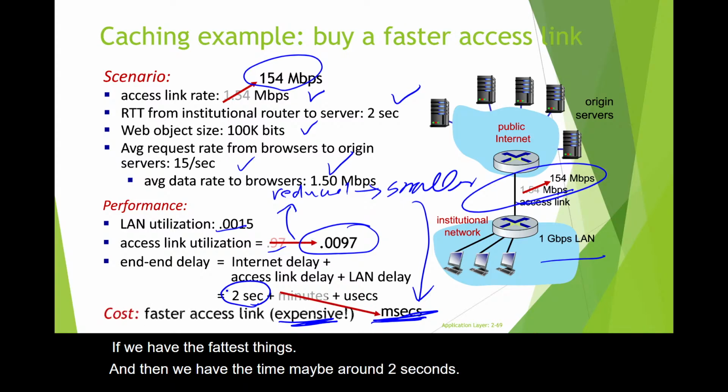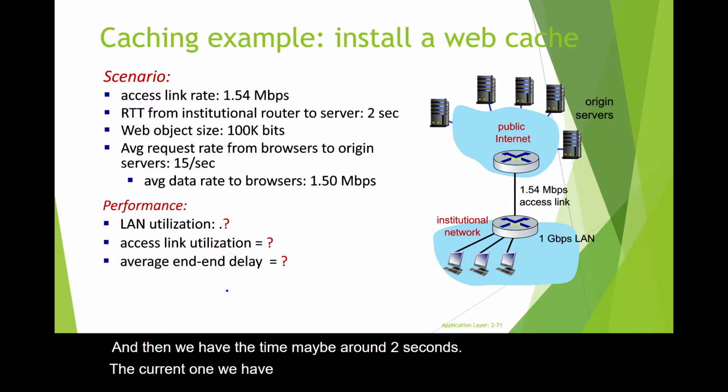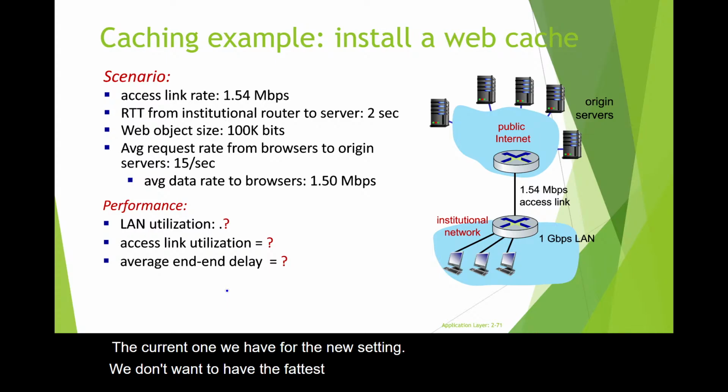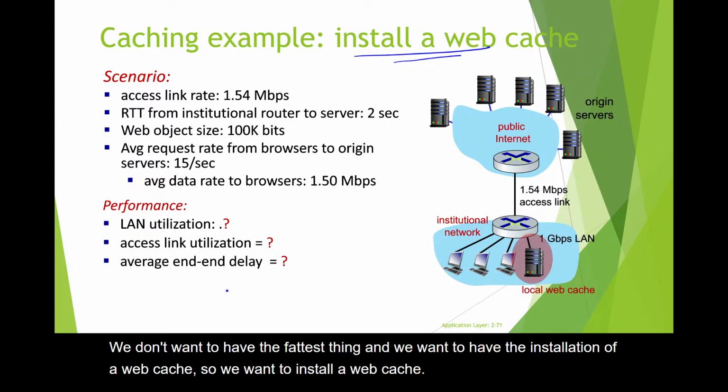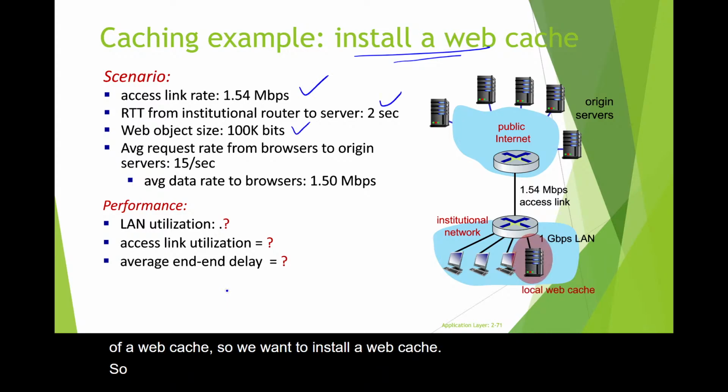Well, the current one, we have the new setting. We don't want to have the fattest link, and we want to have the installation of a web cache. So we want to install a web cache. So up to now, same, same, same, and same.